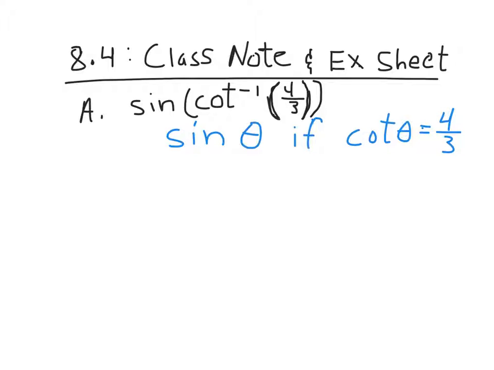And there's one other thing that we know about theta. Since this 4/3 is a positive number, and we're taking the inverse cotangent of a positive number, that means we know that theta must be in what quadrant?